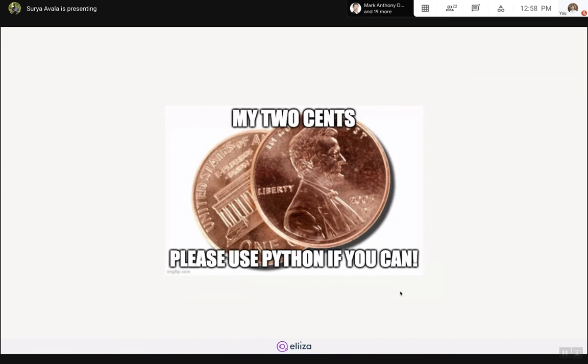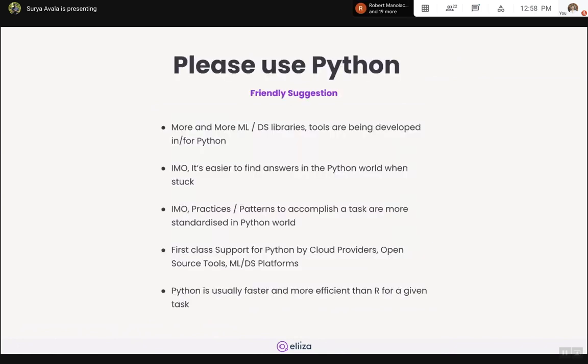And my 2 cents for this talk is, without sounding very anticlimactic, I would recommend you use Python if you can. I'd say it's a friendly suggestion from a fellow ML practitioner. These are the reasons, in my opinion, to use Python over R. More and more ML and DS libraries and tools are being developed in or for Python.